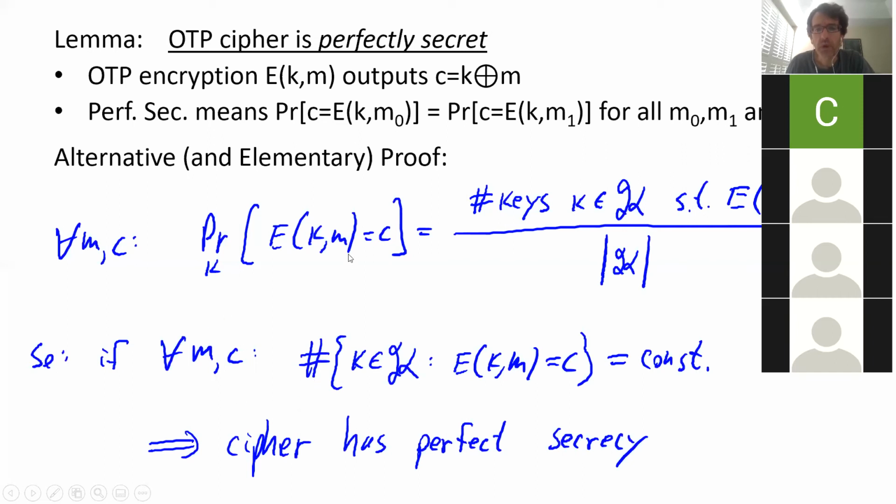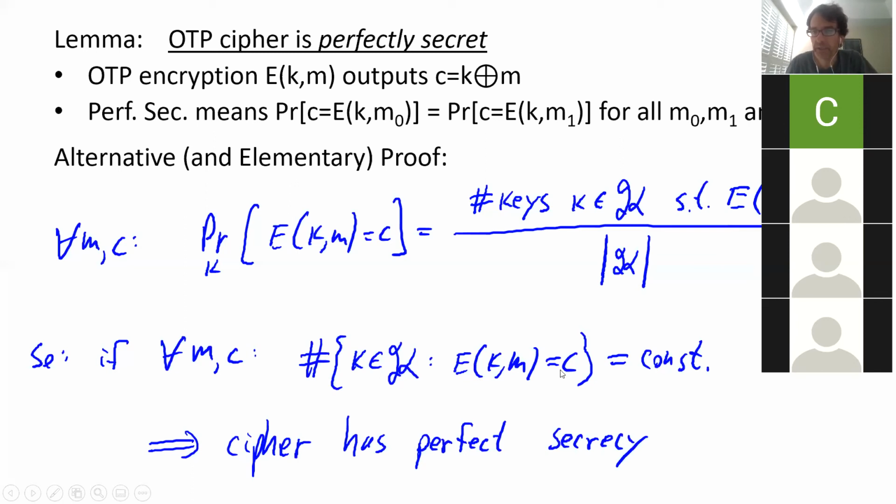And so if it happened that your cipher, encryption E, has this property that for any M and C, for any message and ciphertext, this count of keys, the count of keys that map this message into the ciphertext. So you fix a message and ciphertext pair, and you count how many keys map one to another. Let's say the encryption has this property that this count always comes out the same.